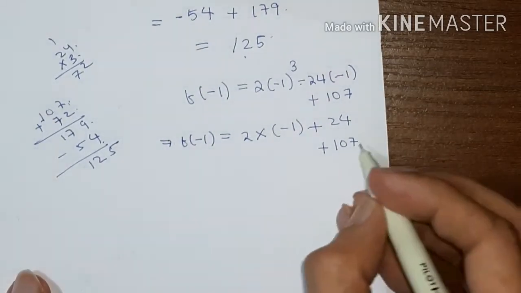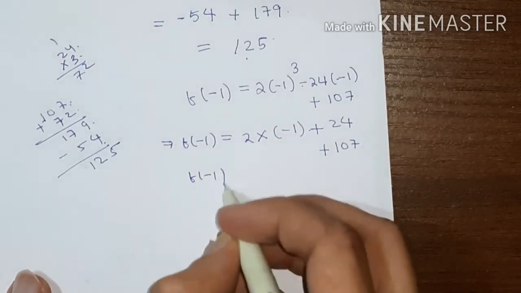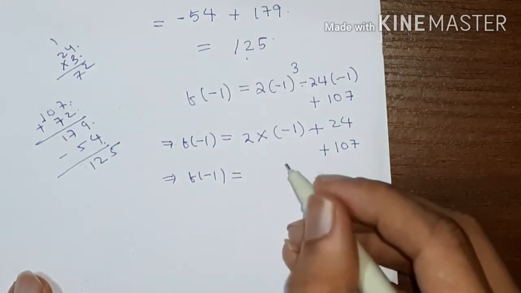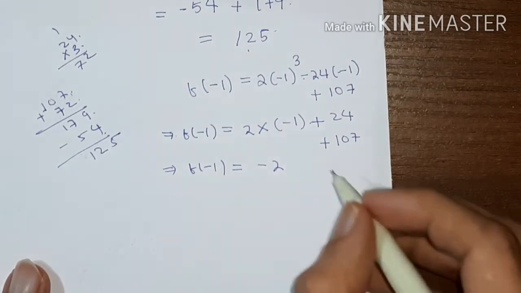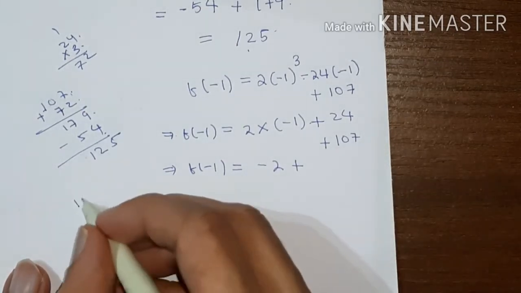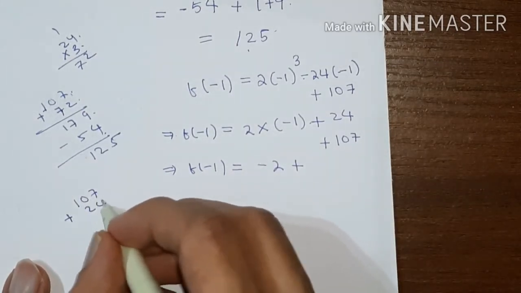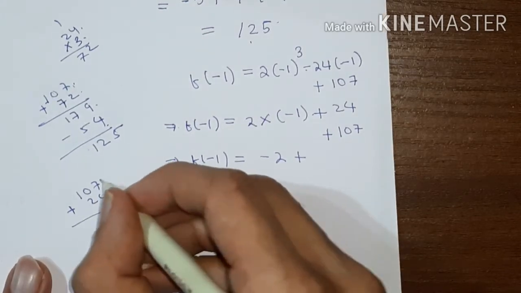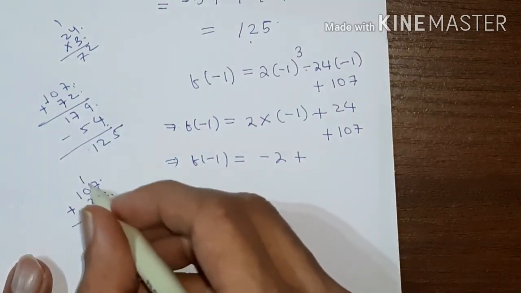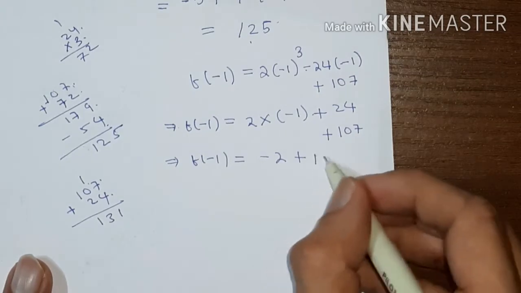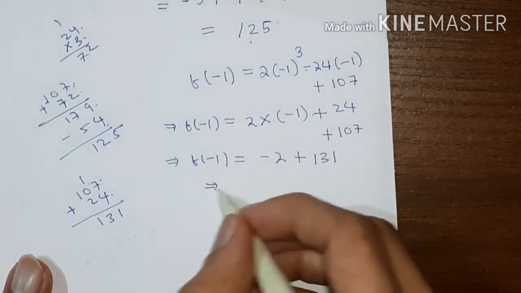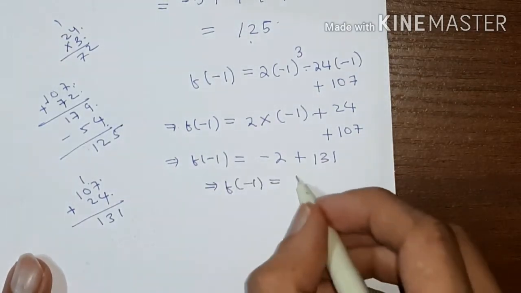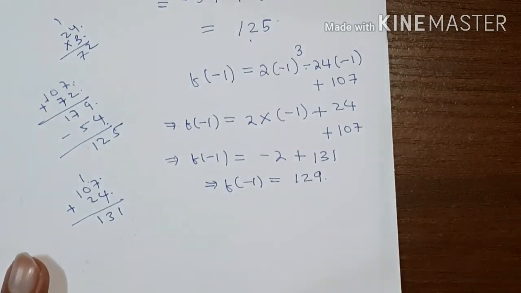If we simplify, 2 times minus 1 is minus 2 plus 107 plus 24. So 7 plus 4 is 11, 2 plus 1 is 3, and 1, so 131. So f of minus 1 is 131.